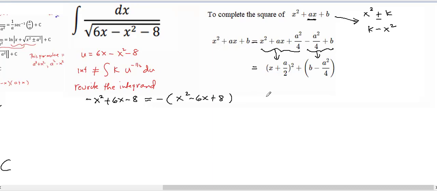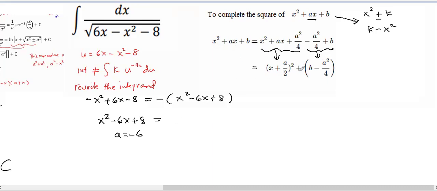So take note, no? Ano yung completing the square of x squared minus 6x plus 8. So, yung a natin ay negative 6. Include the sign, ha? Okay. So, this can be written as, isulat na natin ito.